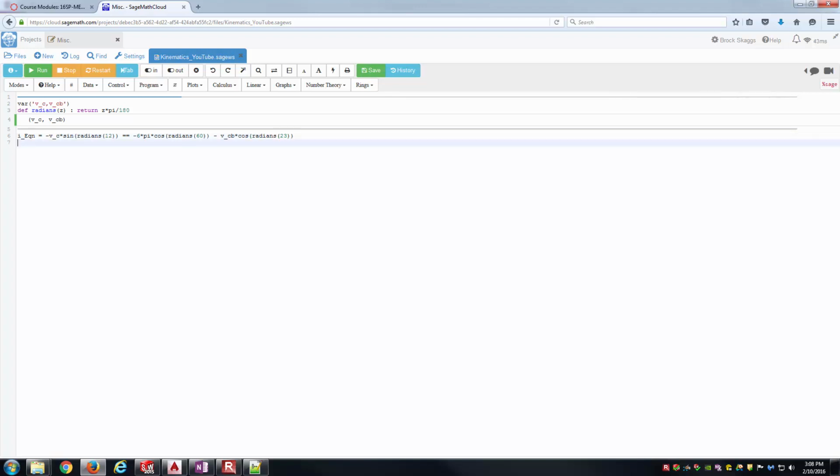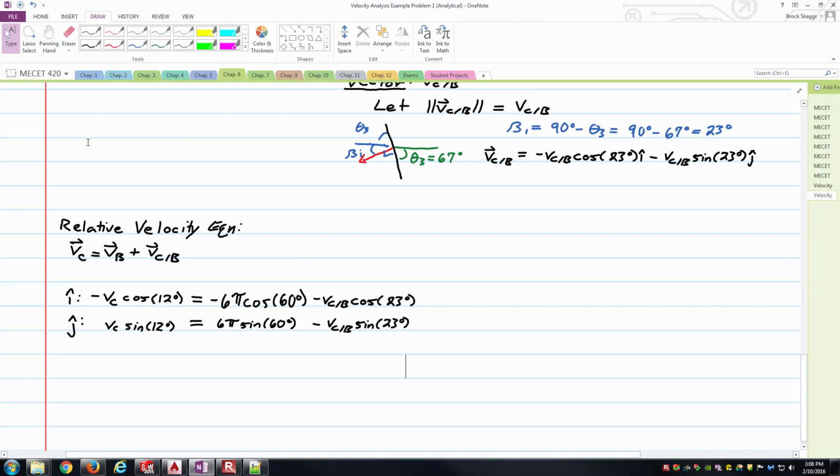And so there is my I equation, and now for the J equation. And for J, VC times the sine of radians of 12. It looks like I messed up in the I. Yes, the I should be cosine here. There we go. I accidentally glanced at the wrong one. And then equals 6 pi times the sine of 60.